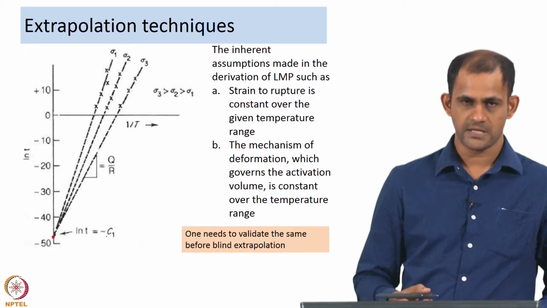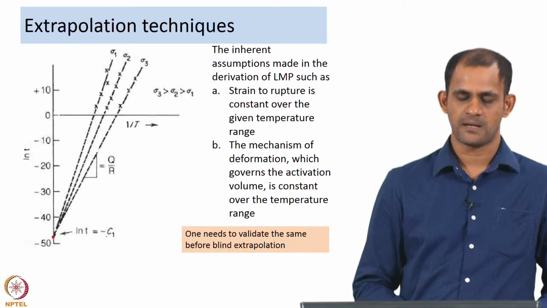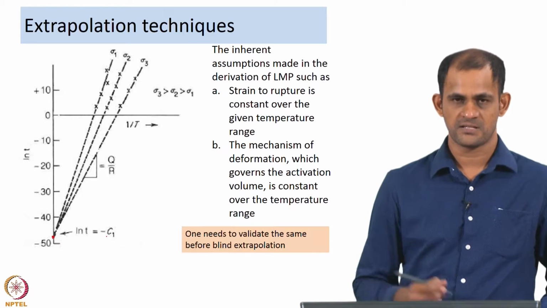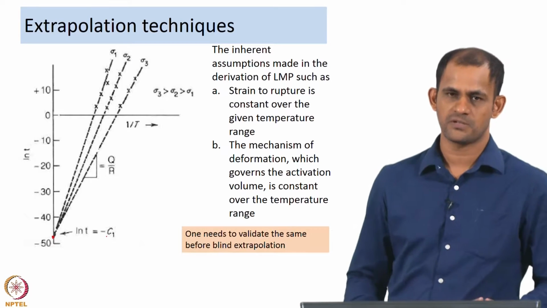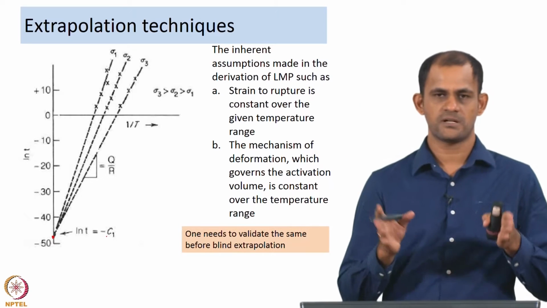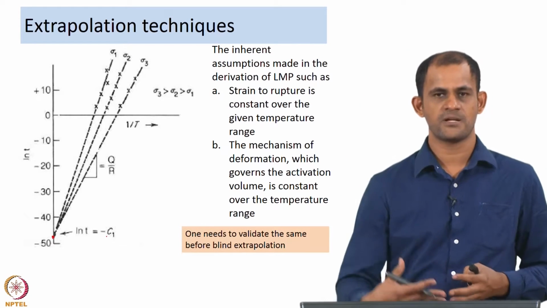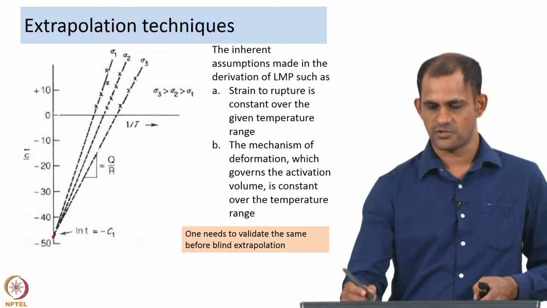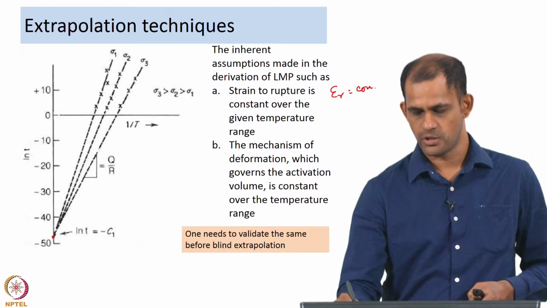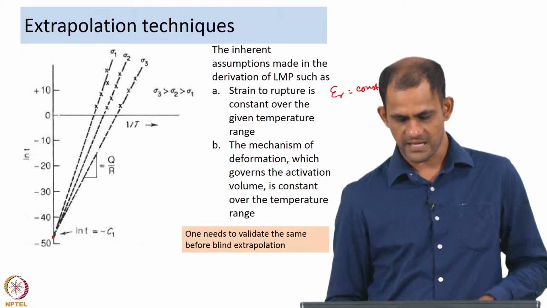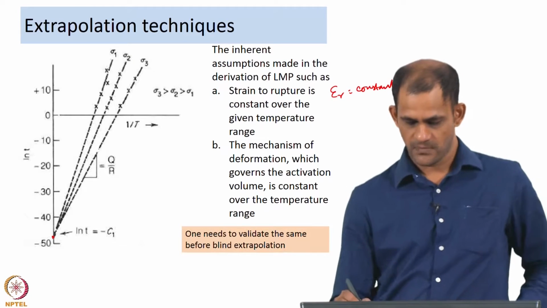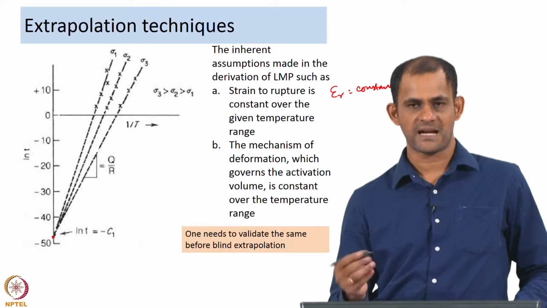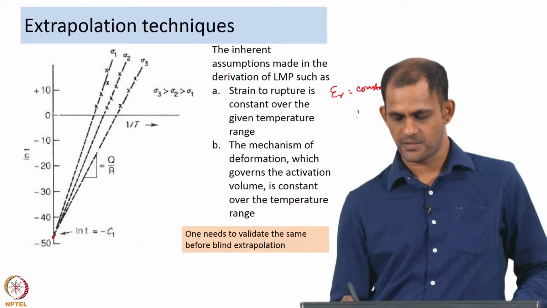One thing to notice in the derivation of the Larsen-Miller parameter is that we have made a few assumptions. The first assumption is that the strain to rupture, epsilon r, is constant over the given temperature range for which you are determining your LMP. The second assumption is the mechanism of deformation, which governs the activation volume, is constant over the temperature range.